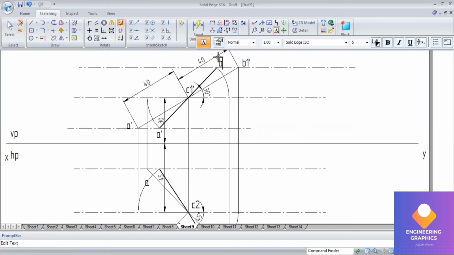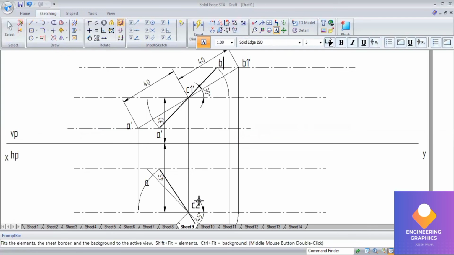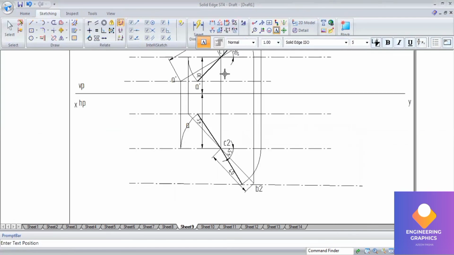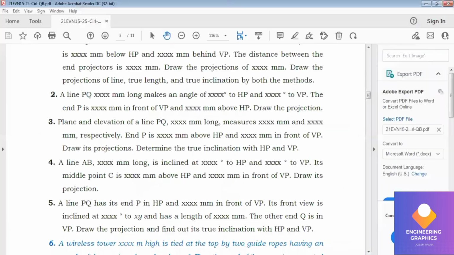So we're getting A dash and B dash. In the same way we can mention A and B. So that completes the problem.